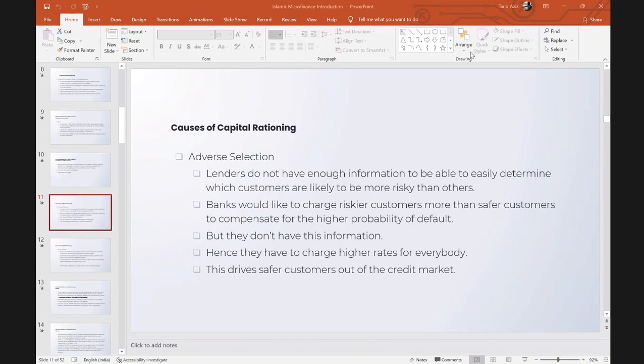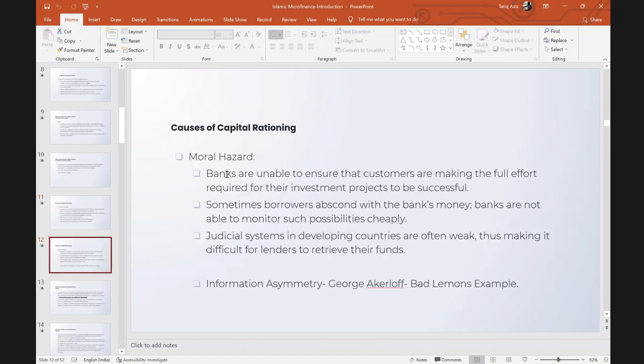So that is why capital is not attracted to this business. The second reason, the problem with the lending business, is moral hazard. Moral hazard means it is very difficult to know the intention of the borrower. In adverse selection, the intention may be right, but even then a borrower may fail in his or her business.